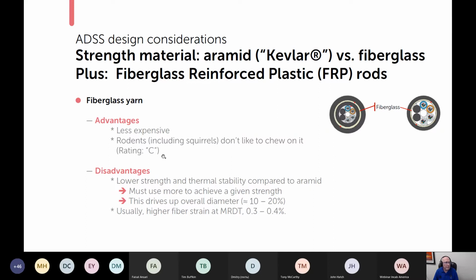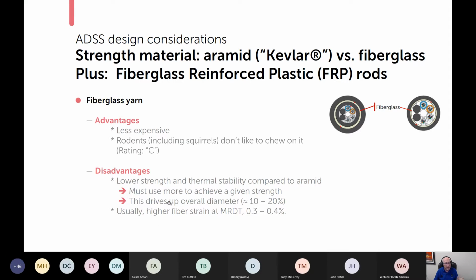But it's a lot lower strength and less thermal stability compared to aramid. And so you have to use more of it to get a certain strength. And that tends to drive up your overall diameter. So the cable diameter is going to go up around 10, 20%.